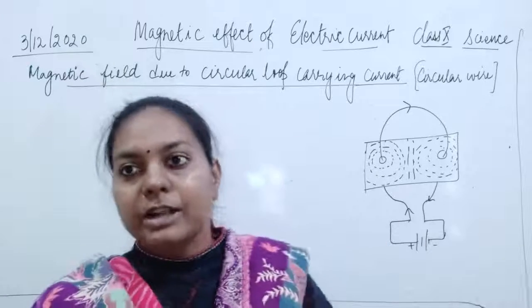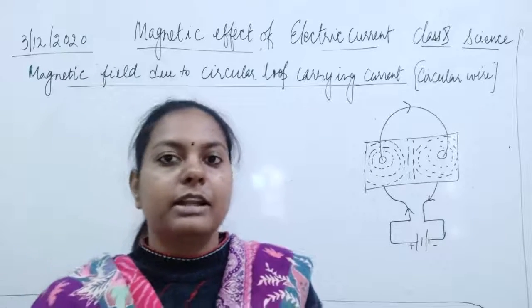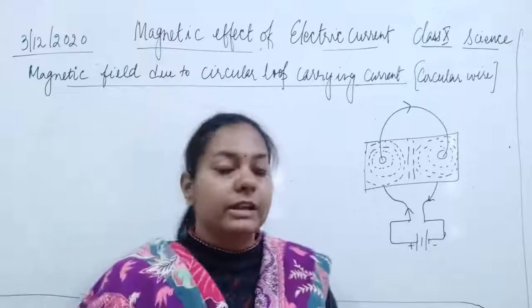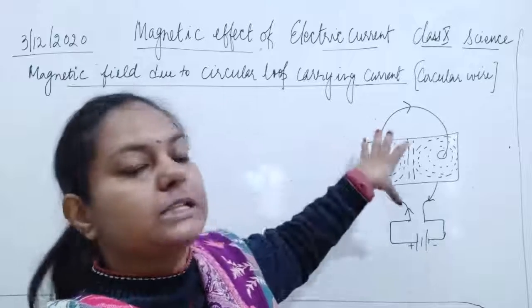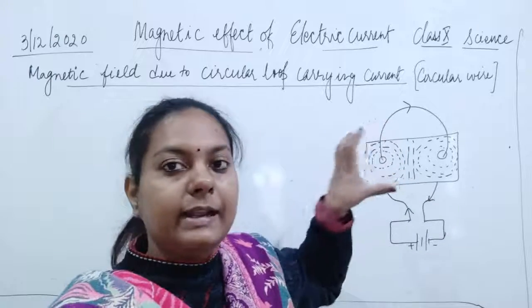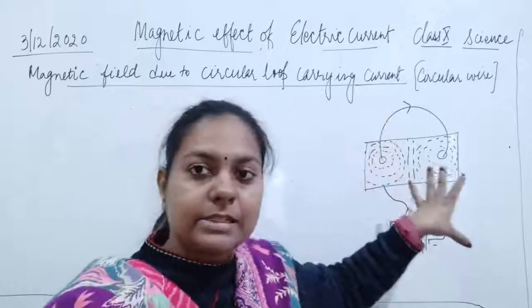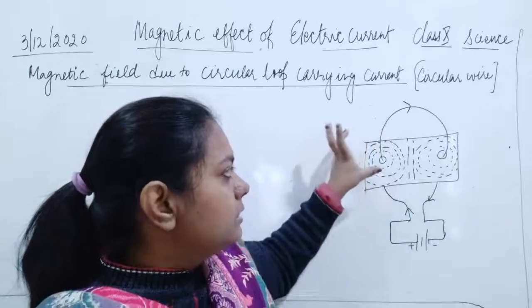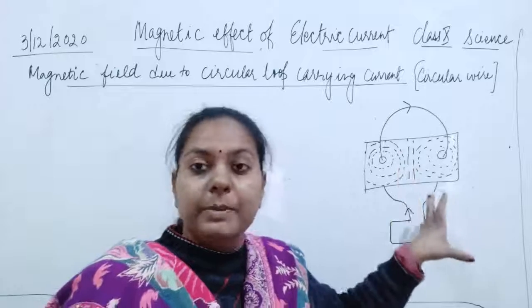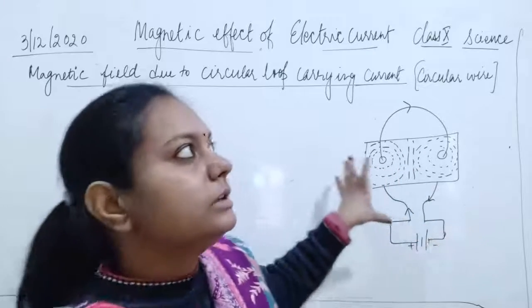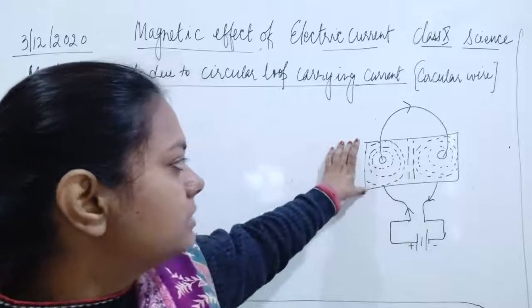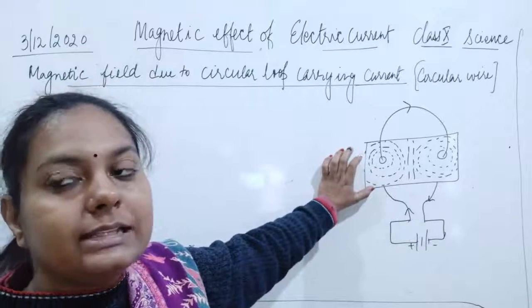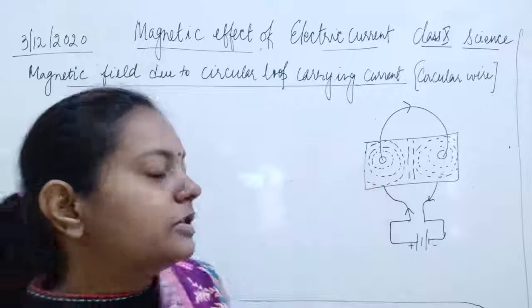Now if the cardboard is big, then the bigger magnetic field could be observed, but if the cardboard is small, this wire could send the magnetic field to a large distance, but the strength could not be felt here, because the loop is a smaller loop, and the cardboard is also small.